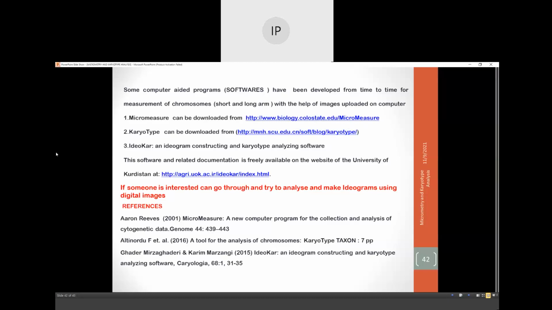Karyotype can be downloaded from this website, and an ideogram constructing and karyotype analyzing software. This software and related documentation is freely available on the website of University of Kurdistan. If someone is interested, they can go through and try to analyze and make ideograms using digital images. The references are also given.